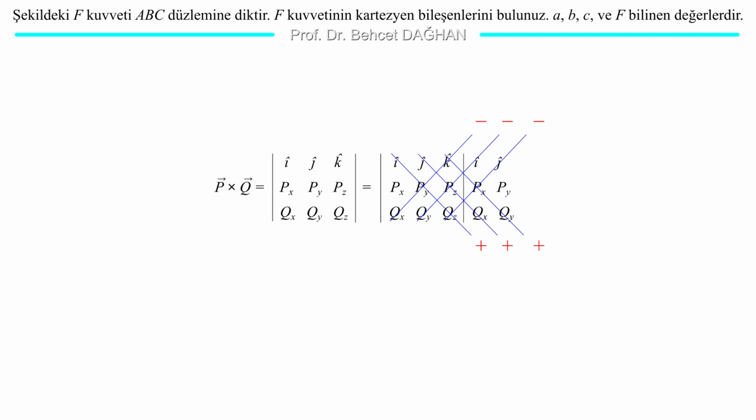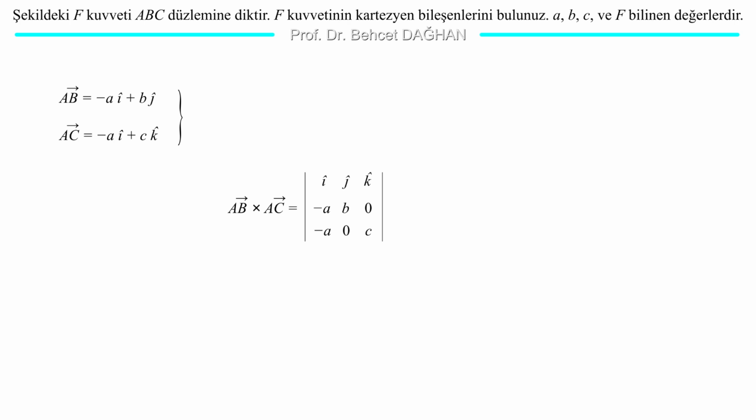In the last row, we write the rectangular components of the last vector, q, and expand the determinant. We can expand the determinant in different ways, but I prefer to expand it in the way shown in the figure. I write the first two columns of the determinant on the right side and create the diagonals. I subtract the values above and add the values below. I reach the result by multiplying the terms on these diagonals.